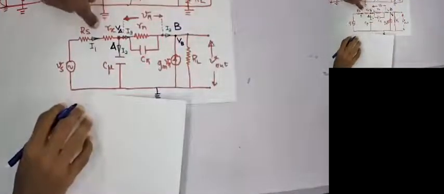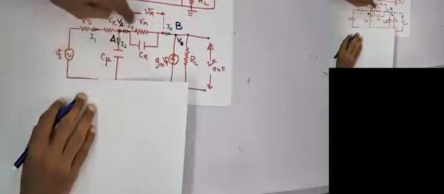So, what could be the current I1? Here the incoming current is I1, outgoing current is I2 and I3. So I1 minus I2 minus I3 equals 0. Am I right? By applying Kirchhoff's current law at point A.